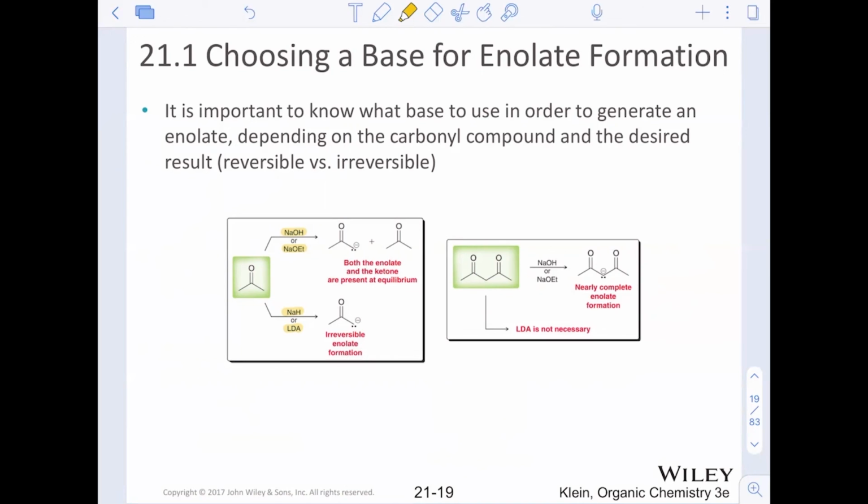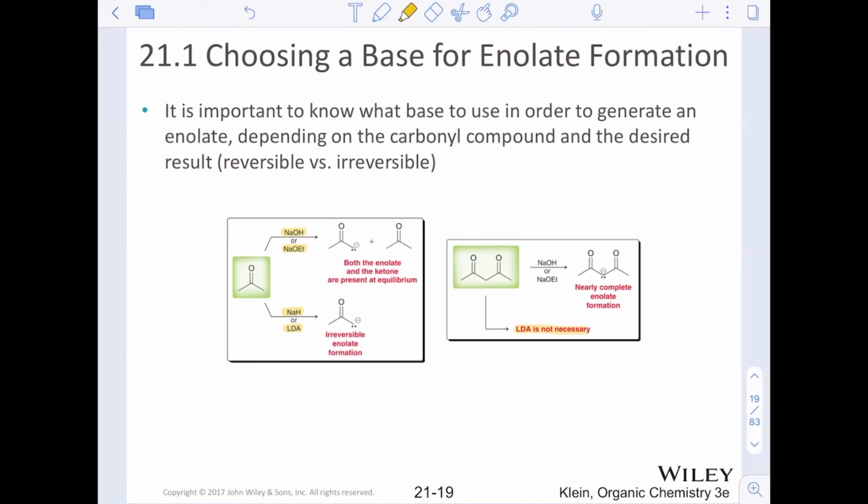If you have one of our dicarbonyl compounds, one of the carbonyls that had the pKa range extremely low, when we see those, LDA is actually not even necessary, right? If the pKa is less than 16, right, less than the conjugate acid of hydroxide or ethoxide, then it's nearly completely enolate formation, right?